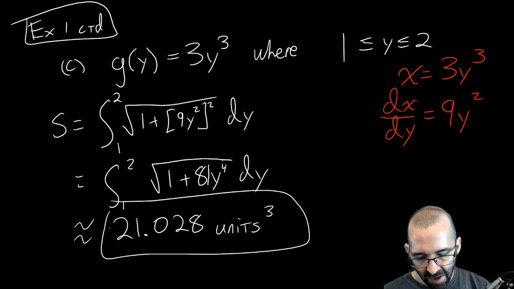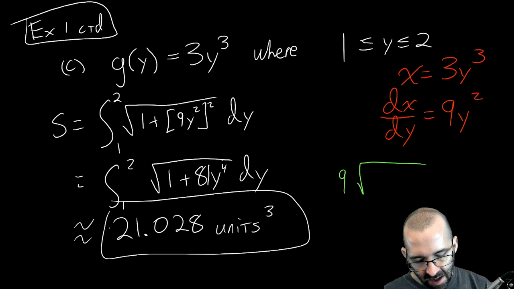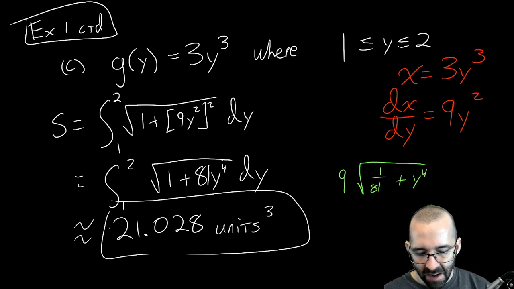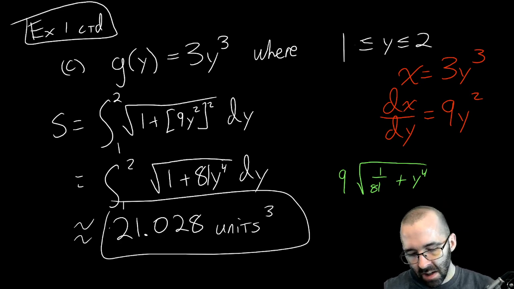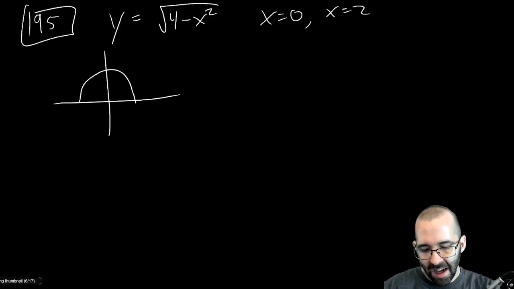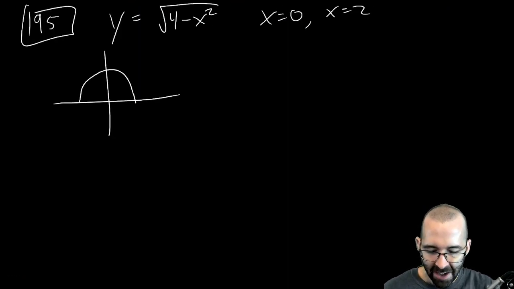Oh, it is that y to the 4th though. Yeah, if you factored out the 81, it'd be in the square root, and you get 1 over 81 plus y to the 4th. Yeah, that's not a circle at all. If this were y squared, we could do it. Radius, circle of radius 1/9. Oh, well. Anyway, made me think about it.